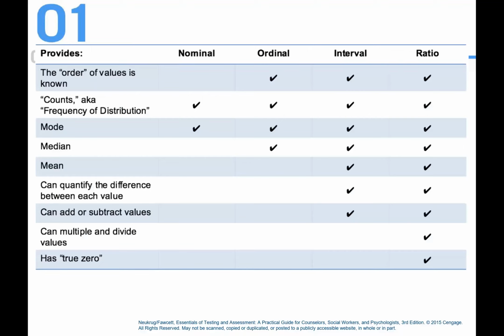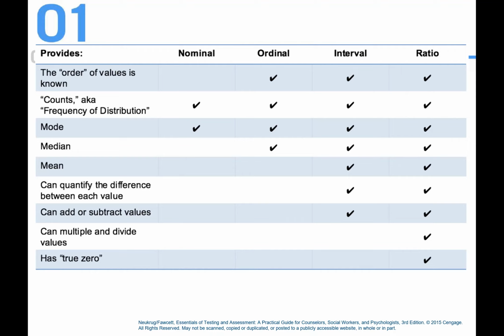Some other key things about the differences between these scales of measurement is that different ones do different things, obviously. So if there's an order of the values, I can't order the categories of race. Being white is not better than being black. It's not higher than being black, and black is not lower than white.